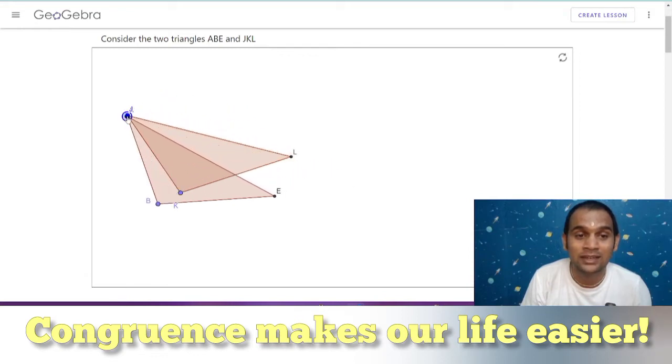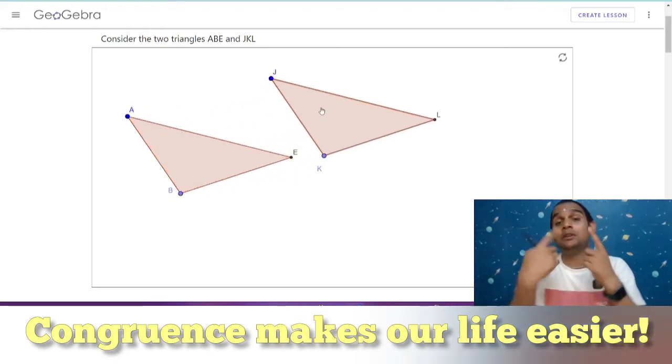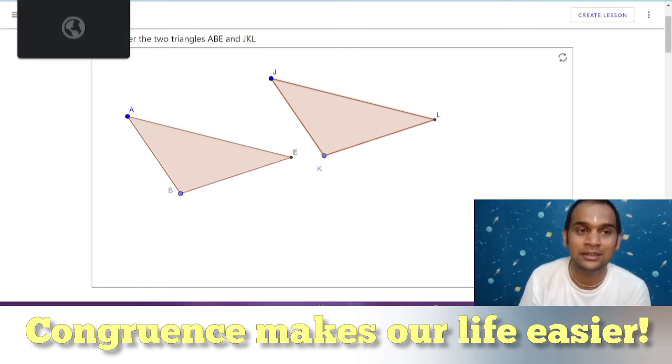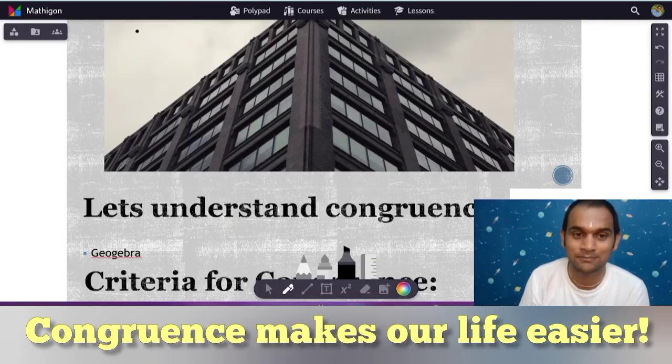As soon as I keep A at J and keep all the corresponding parts on each other, the two triangles overlap. That is why when we talk about congruence, corresponding parts play a very vital role in deciding congruent triangles. I hope that makes sense.